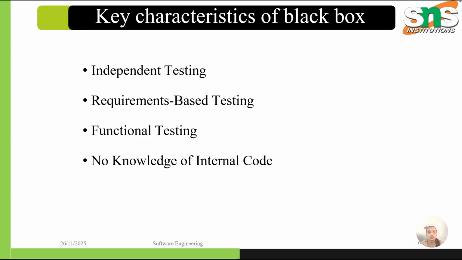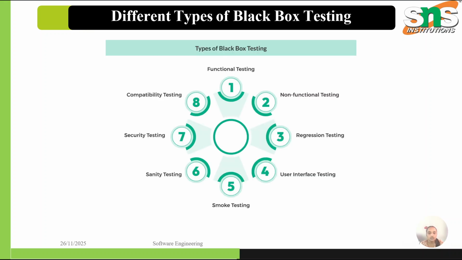The next one is key characteristics of black box testing. There are four key characteristics of black box testing. The first one is independent testing. The second one is requirements-based testing, functional testing, and no knowledge of internal code. These are also called the key characteristics of black box testing. The next one is different types of black box testing.